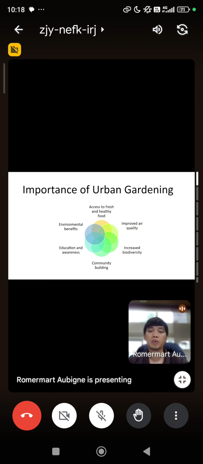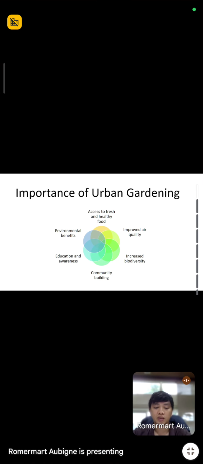So ito po yung ating importance of urban gardening. Yung nabanggit ko kanina, we have the access to fresh air and healthy food. We improve the air quality. We increase the biodiversity. For increased biodiversity, urban gardens can provide habitats for insects, birds, and other wildlife, which can help to increase biodiversity in the cities.